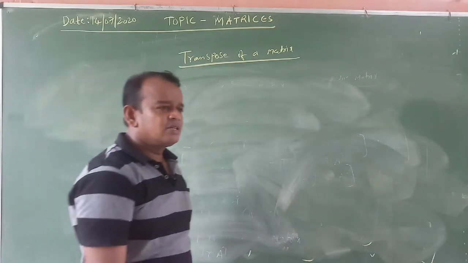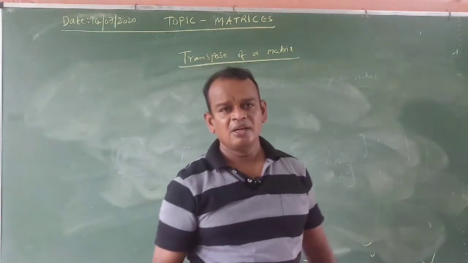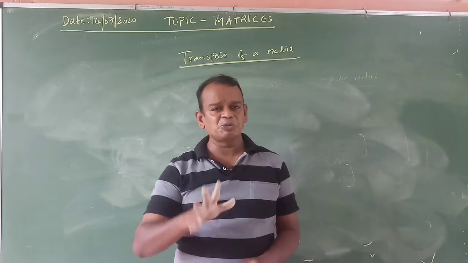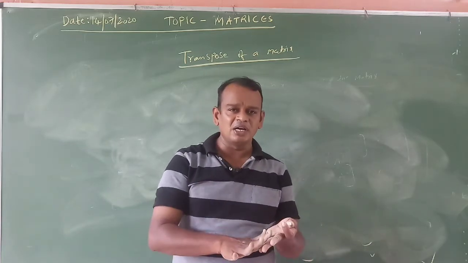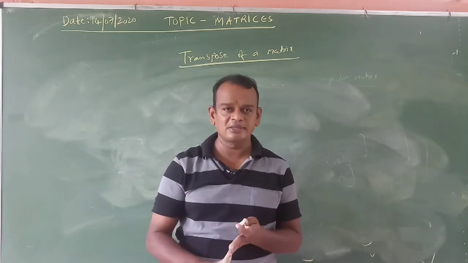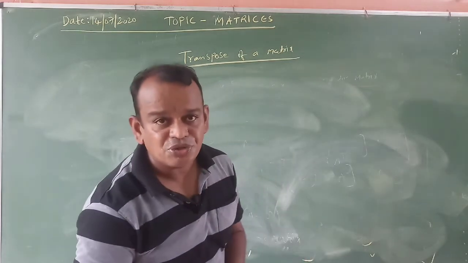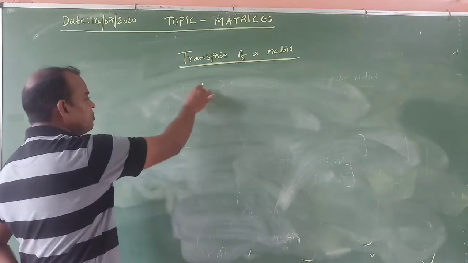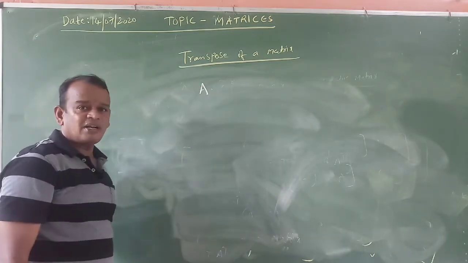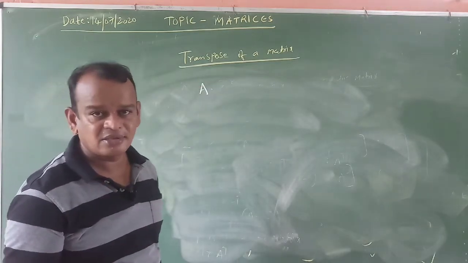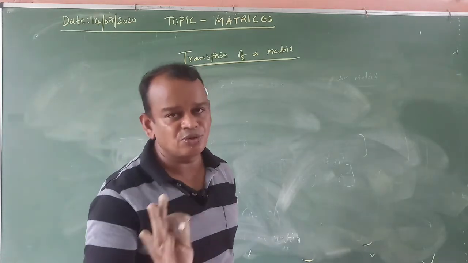What does that mean? If a square matrix is given, we will express it as the sum of a symmetric and a skew symmetric matrix. Suppose A is the square matrix. This square matrix will be expressed as the sum of a symmetric and a skew symmetric matrix.